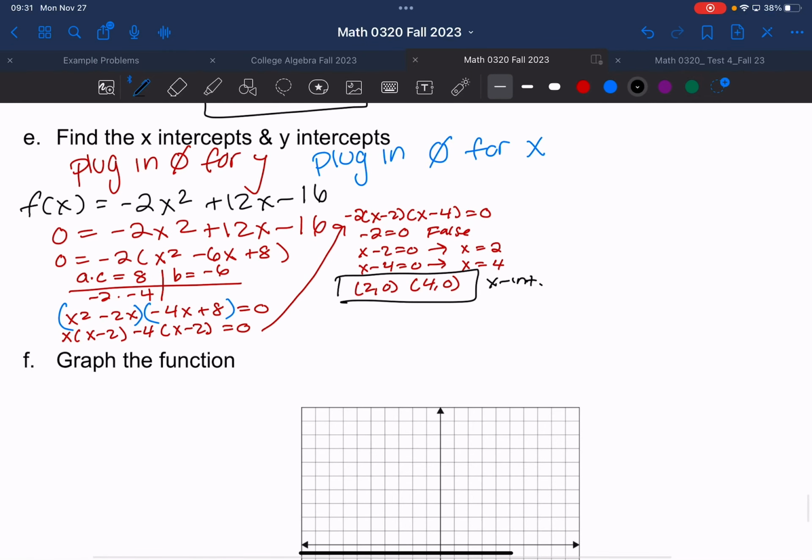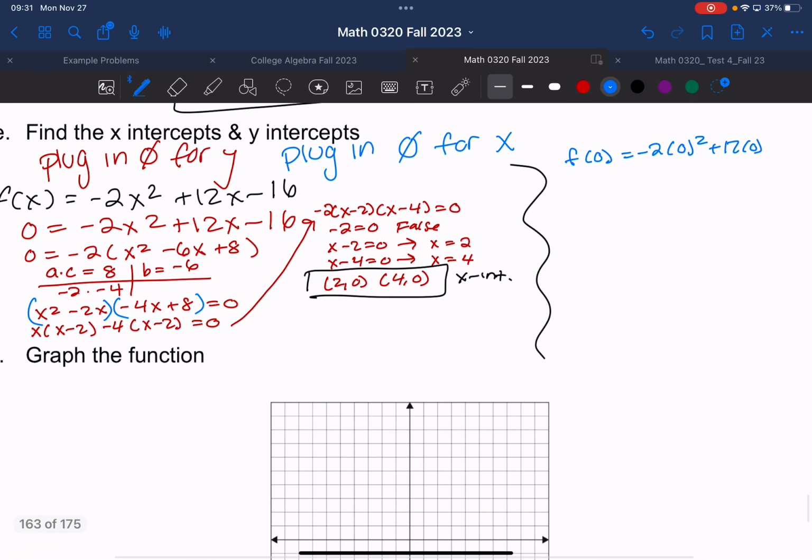And now I need to find my y-intercepts. And what do I do for my y-intercepts? Make x 0. So I have f of 0 is equal to negative 2 times 0 squared plus 12 times 0 minus 16.